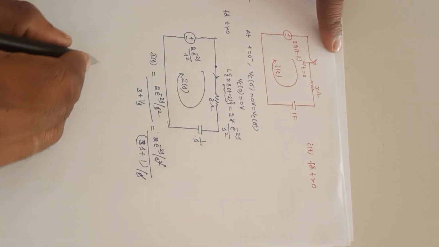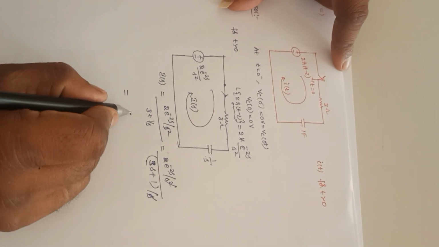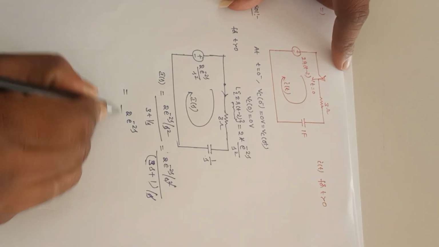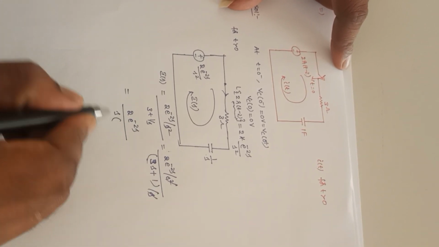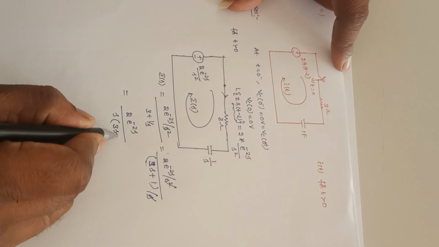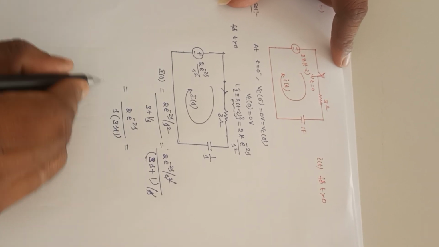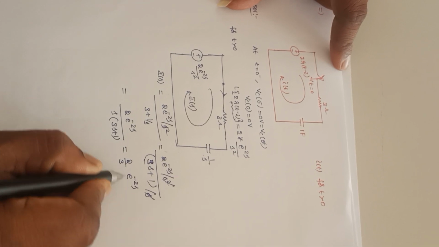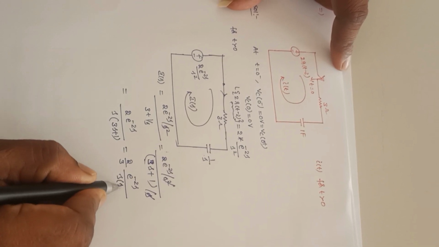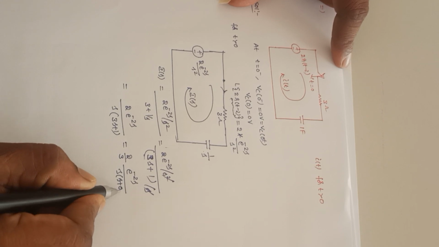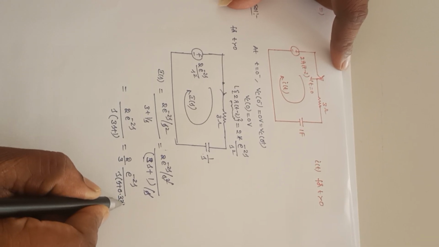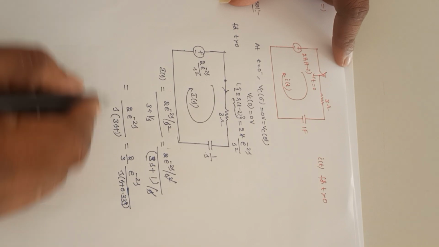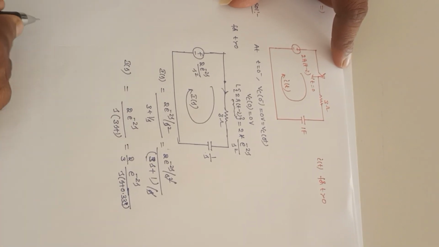So this s will get cancelled here, so it is equal to 2 into e power minus 2s divided by s into 3s plus 1. If I take 3 as common here, it is 2 by 3 into e power minus 2s divided by s into s plus 1 by 3, which is 0.333. So this is the I of s.